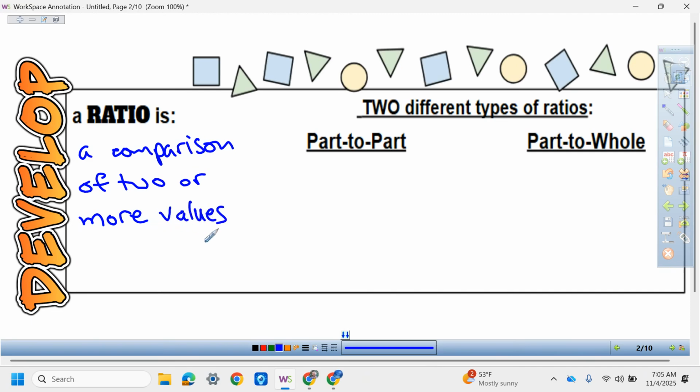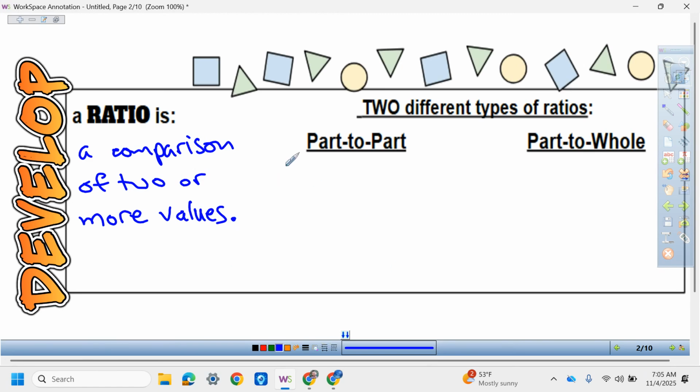Now, values can be represented numerically, so that's why we will be using some numbers. But what's also important with values is that we have names to those numbers. If it's just numbers, it doesn't really tell us much of the story. But as soon as we can put names to it, now we can really understand what's happening. So you'll get a couple examples of that in just a bit.